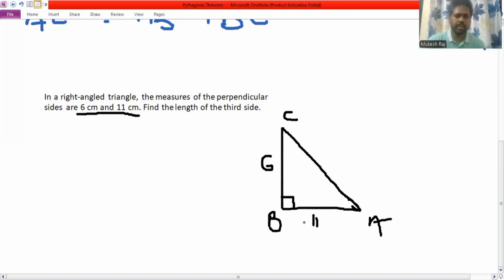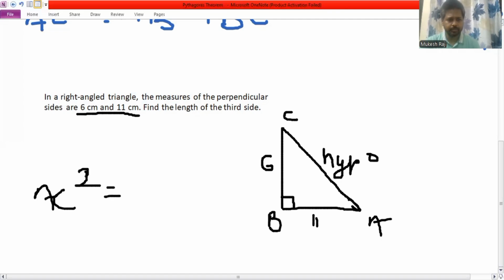Now, I have to find the third side. Obviously, you can see in the diagram that the third side is none other than the hypotenuse, also denoted by H. Now, simply apply the formula. I can write it here as AC square is equal to BC square plus BA square.